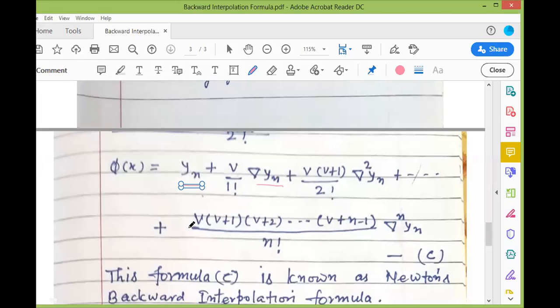Then v plus 1, v plus 2, up to v plus n minus 1, and the difference is the backward difference. The nth difference is with yn and factorial n.